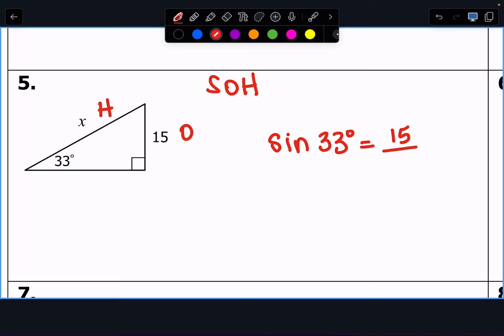So we cannot solve this by multiplying over 15. Which number's in the denominator? So we first need to get x over to the other side. So we have x times the sine of 33 equals 15.